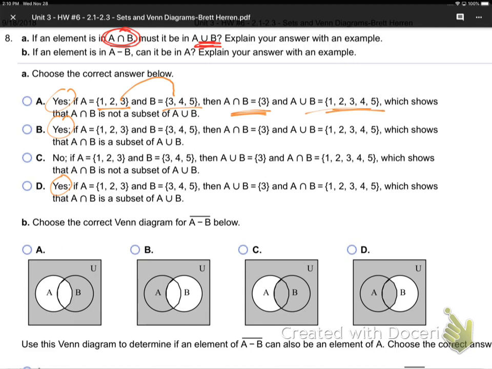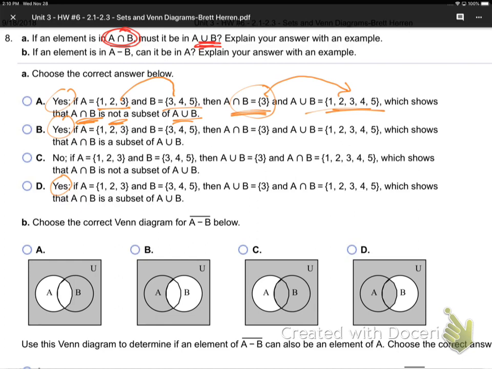And the union, that's just putting them all together, 1 through 5, that's true. Which shows that the intersection is not, they just blew it with that word. If they just took out that not, they'd be okay. Is not a subset of the union? Yes, it is. This is a sub-collection of that, isn't it?